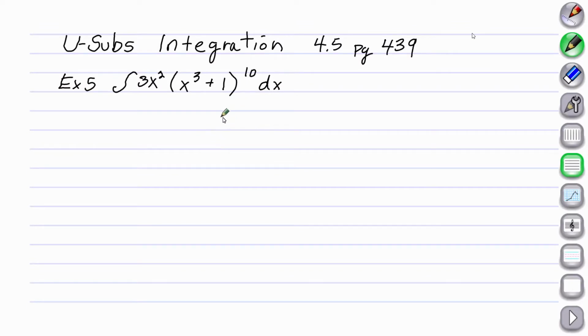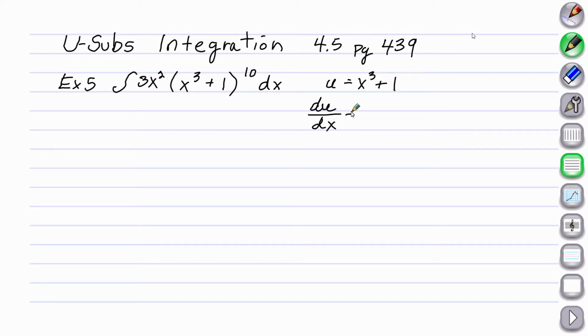So we're going to let U equal something in this particular problem. We're going to replace this, which seems like the major part of the problem right here, and we're going to call that U. You could call it any letter you really want, but they usually just use the letter U. And then what we're going to do is take the derivative of this expression that we just took out, this x cubed plus 1.